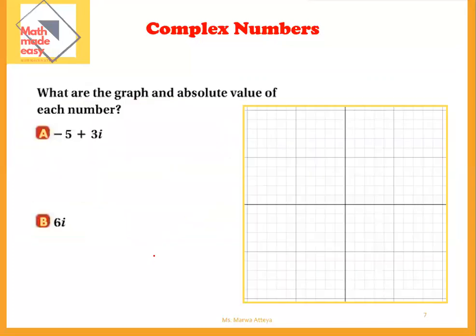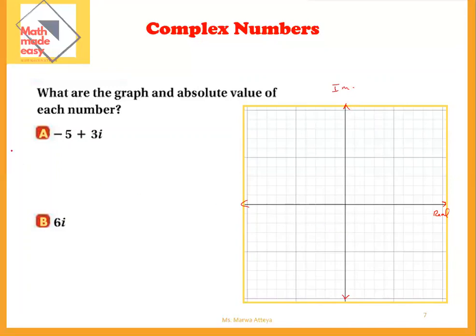Now let's do some examples. What are the graph and absolute value of each number? Negative 5 plus 3i. Now, if this is the complex plane, here we're going to have the real part, and here on the y-axis, we're going to have the imaginary part.